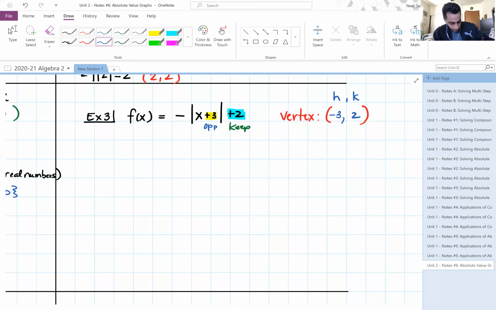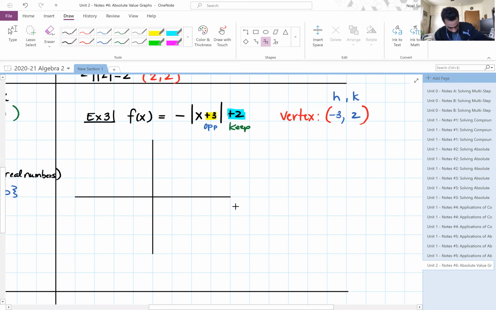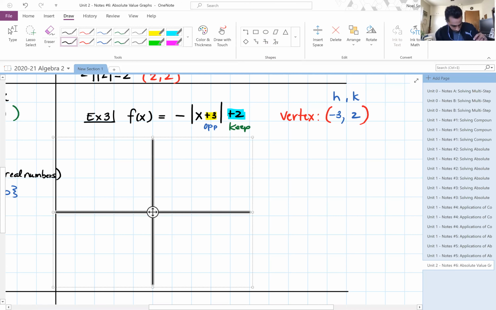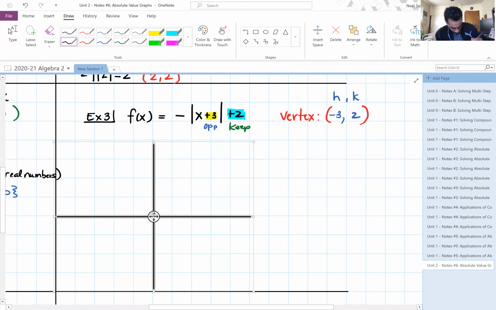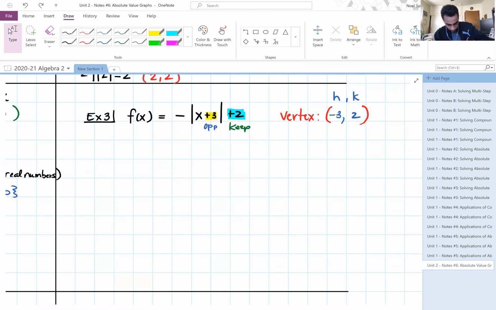All right, let's take a look at that. Let's go ahead and put the XY plane. Oh man, moved on me. Let me redraw it. It's a little funky.